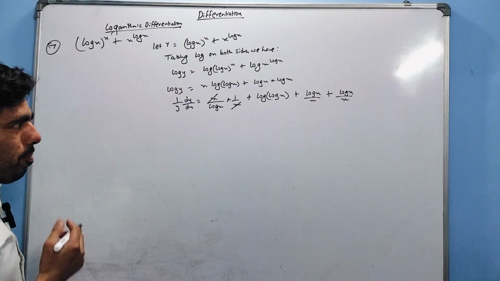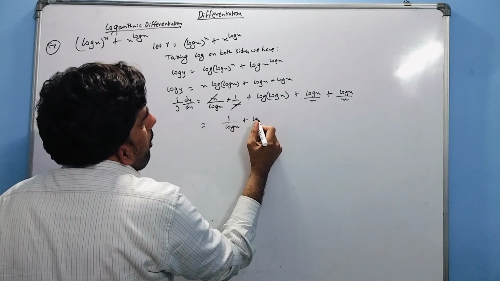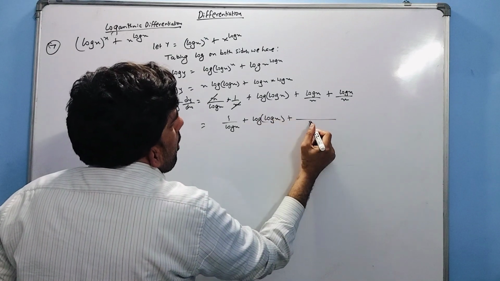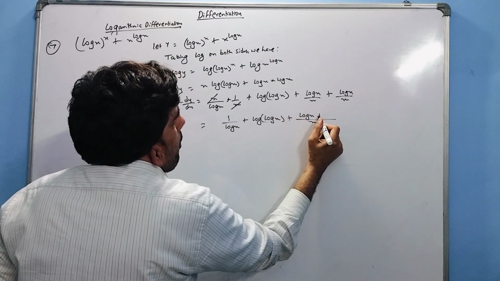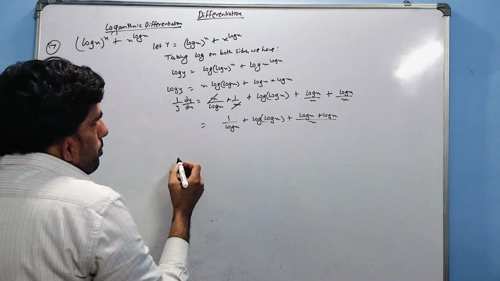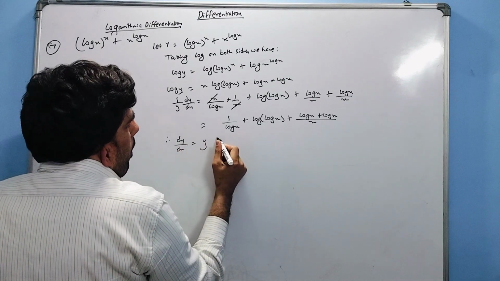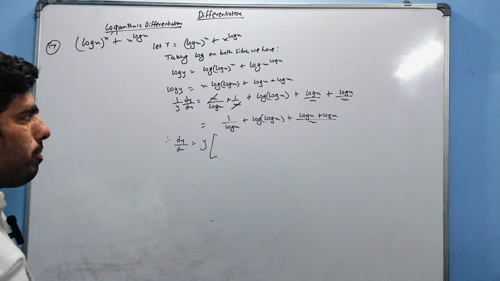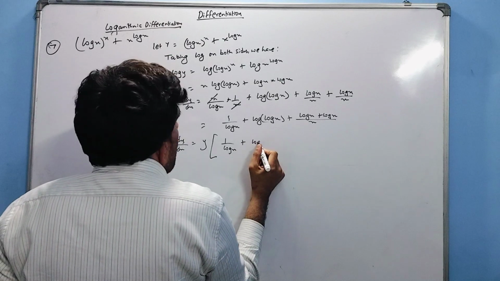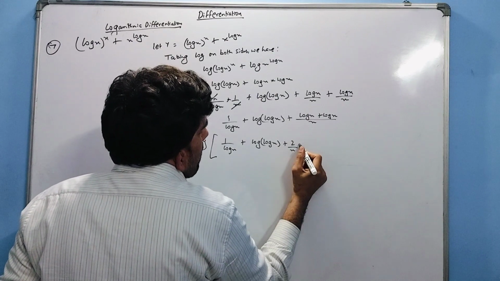Okay, so now we have 1 upon log x plus we have log of log x plus x, log x plus log x. Okay, so now we can write here dy upon dx is equal to y into, that is y into, we have here 1 upon log x plus log of log x plus 2 upon x log x we have.